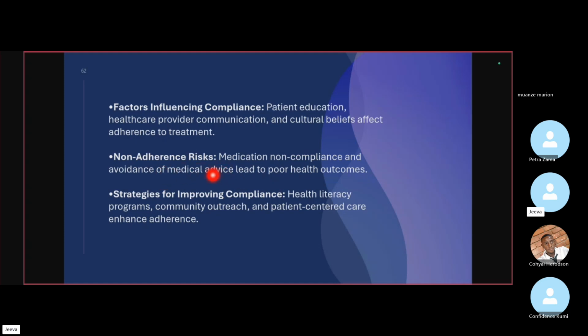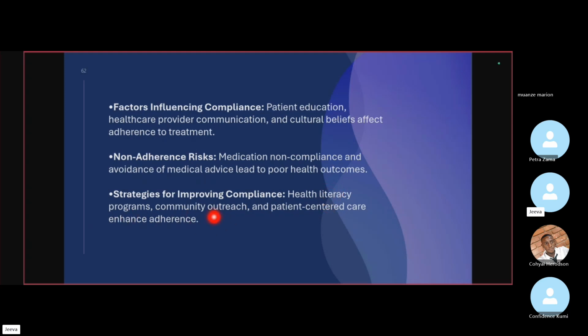If a nurse advises a patient to take this medication for one month, and they don't listen to that medical advice, then it can lead to poor health outcomes. Then strategies for improving compliance, like health literacy programs should be started. The nurses should teach them the various health literacies and the importance. Like that you can improve the health literacy programs.